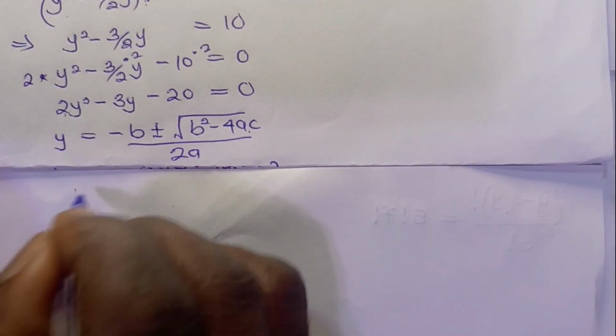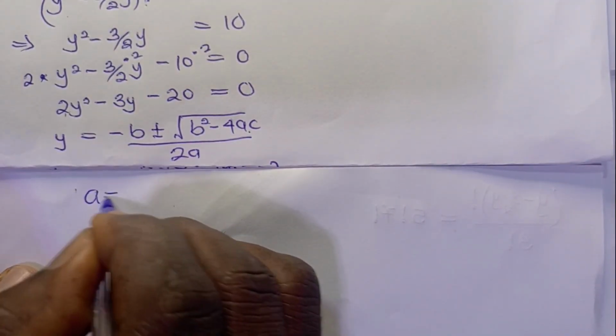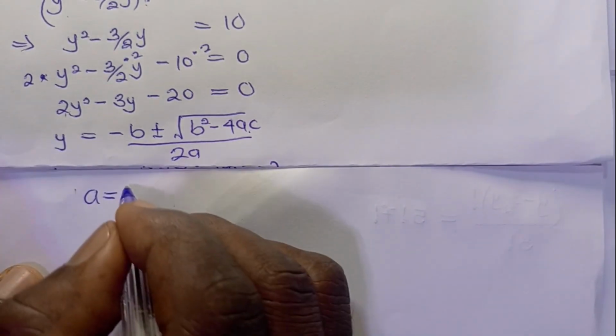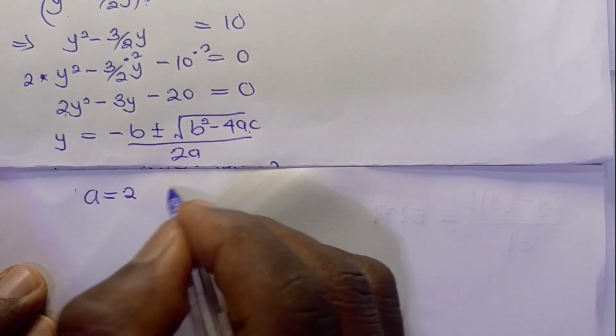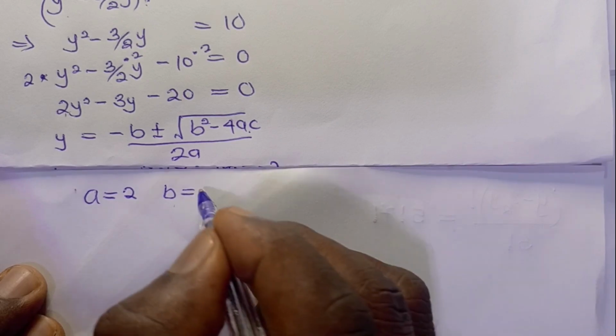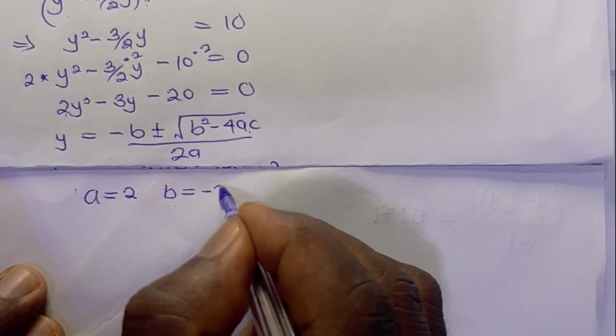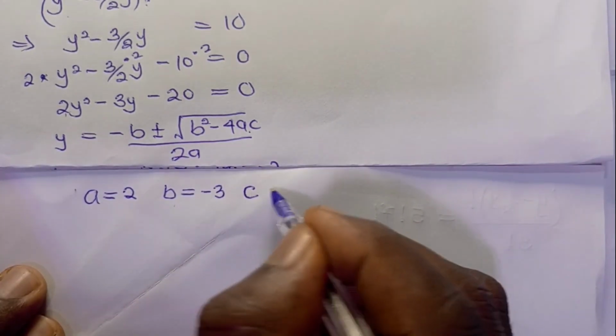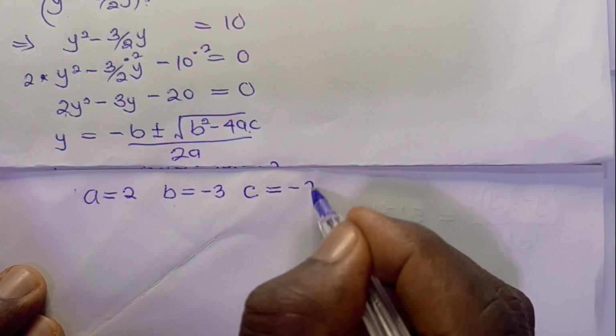Here a is the coefficient of y², so that gives us 2. b is the coefficient of y, and that gives us −3. And c is the constant, so that gives us −20.